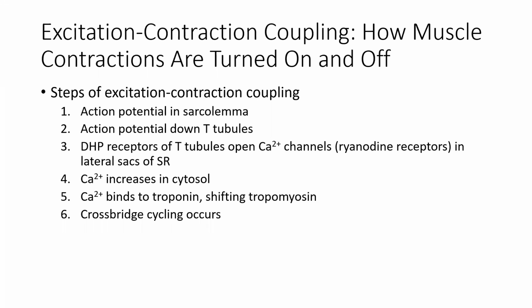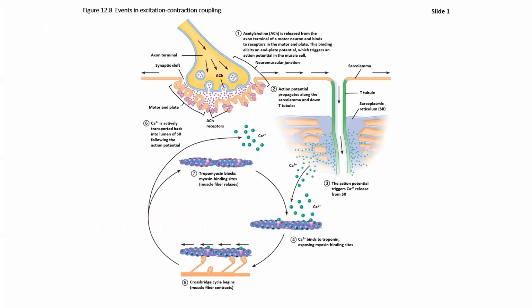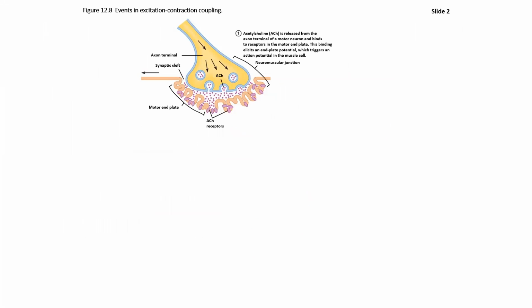And then that calcium can bind to troponin, bring about that shift of tropomyosin, and then we can start cross-bridge cycling. All righty. Okay, so let's walk through those events here.